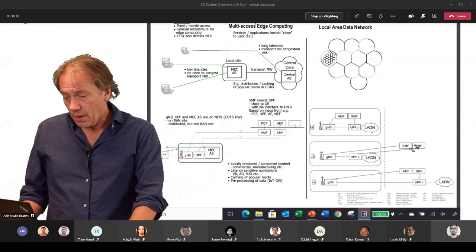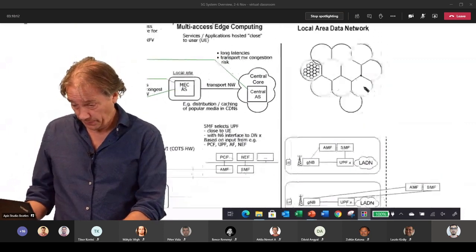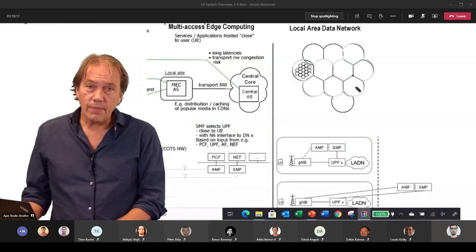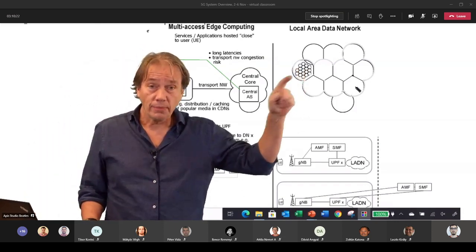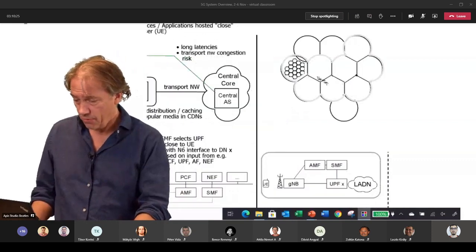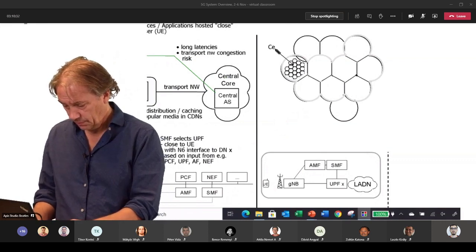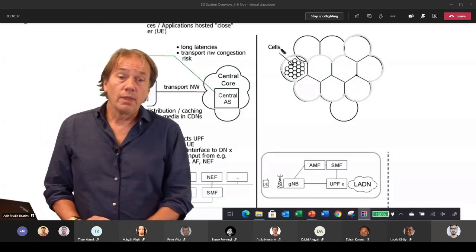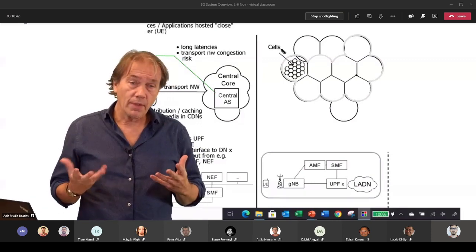Great. So a local area data network. First of all, these are cells, 5G cells. And as you probably know, cells are grouped into larger areas.